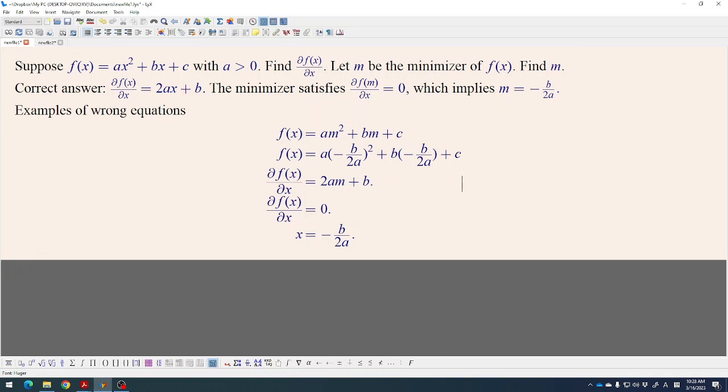Think about this simple mathematics question. Suppose that there is a quadratic function f(x) = ax squared plus bx plus c, and a is positive. The question is you have to find the derivative, and if m is the minimizer, then you find the minimizer.